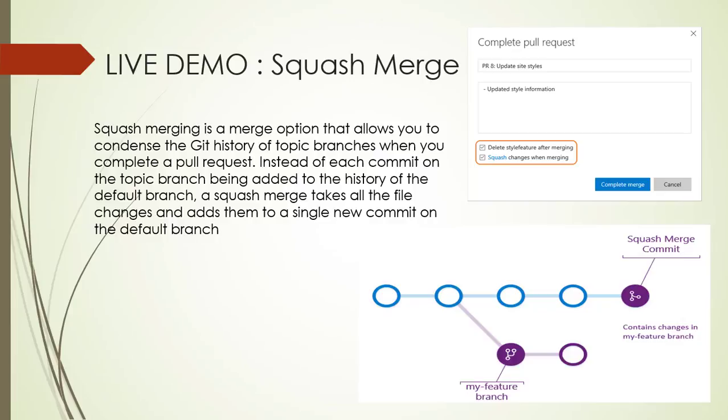One feature, one commit only is what I require. Whatever multiple commits have been created, I still need only one commit ID over there. So first, whatever the changes are, we are going to create a pull request.